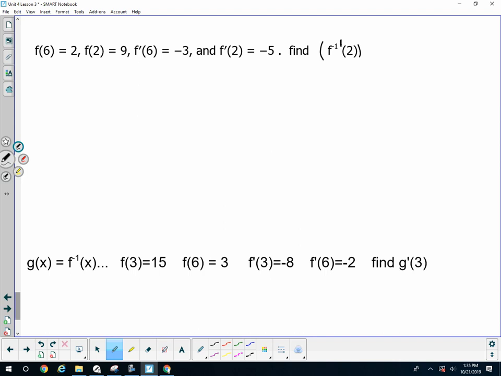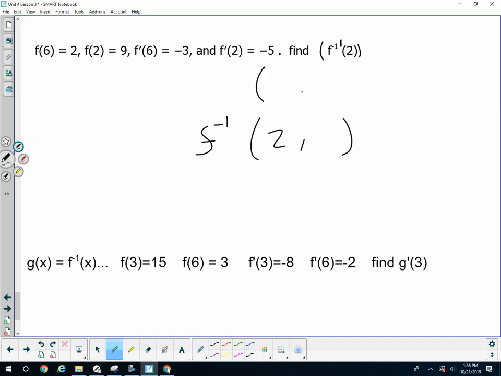You're saying that x is 9 and y is 2. And it looks like y is 9 and x is 2. F inverse 2.